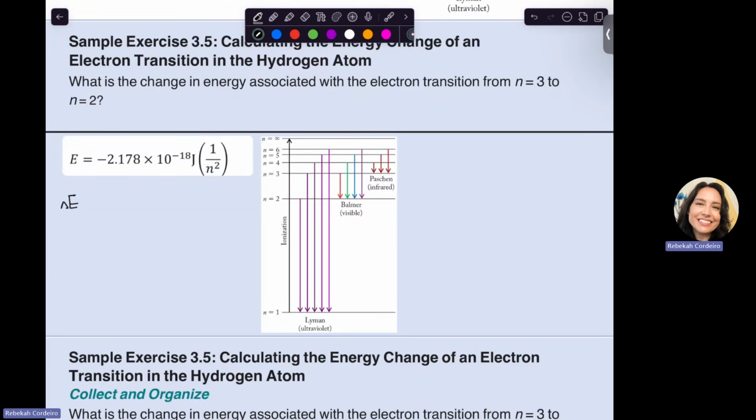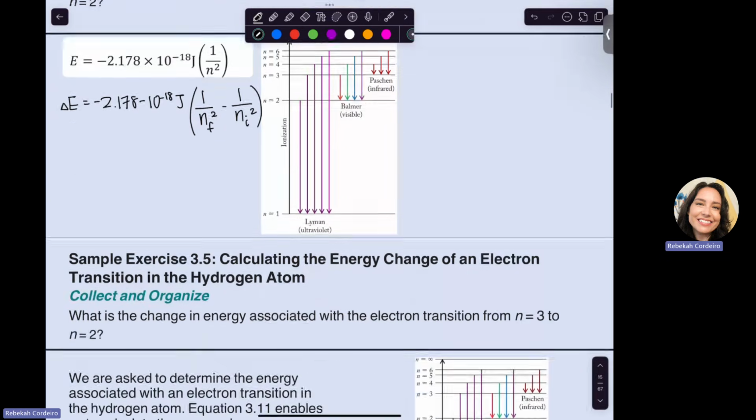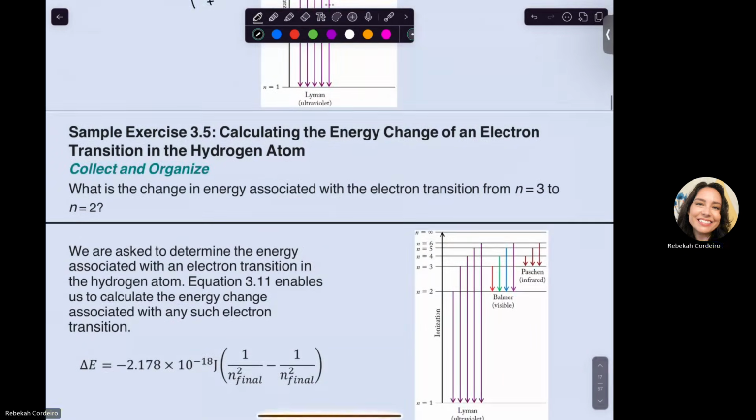So the change in energy, or delta E, is going to be equal to this amount of joules, and then we're going to have the N final squared minus the N initial squared, where F is final and I is initial. And they have this wrong. This should be initial here.